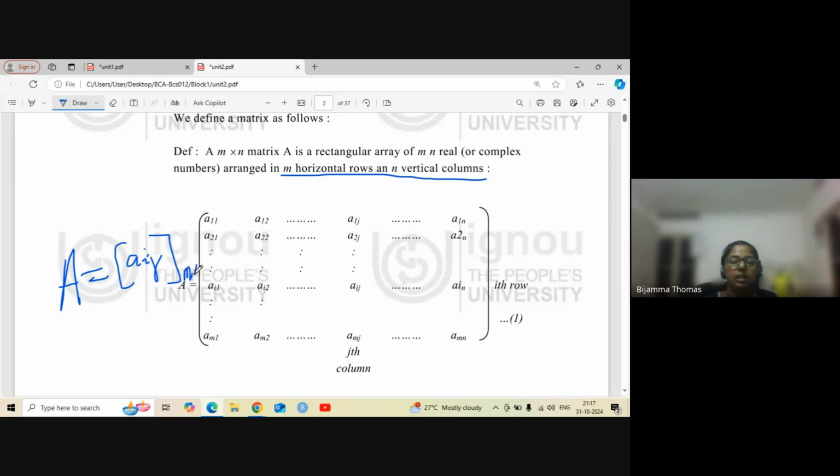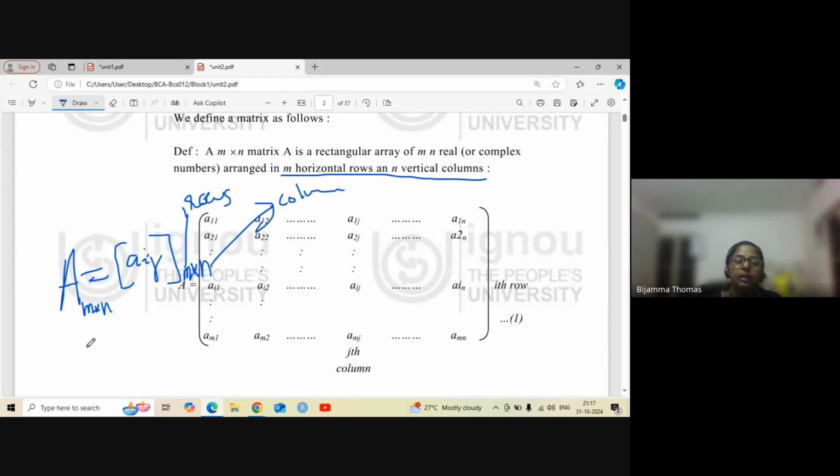We say that a matrix is of order m by n, where m denotes the number of rows and n denotes the number of columns.